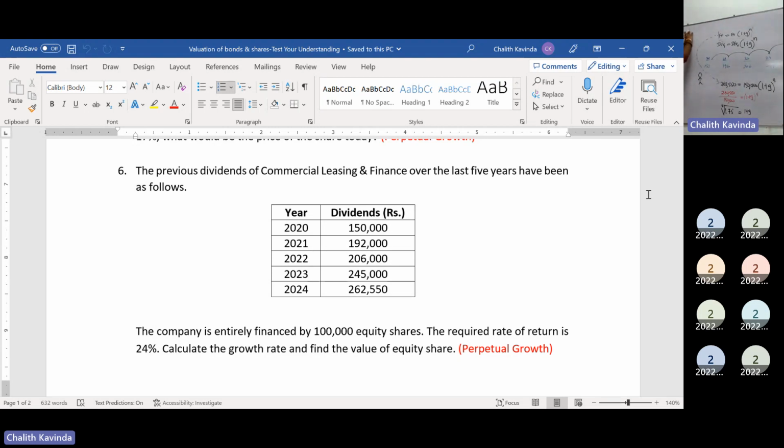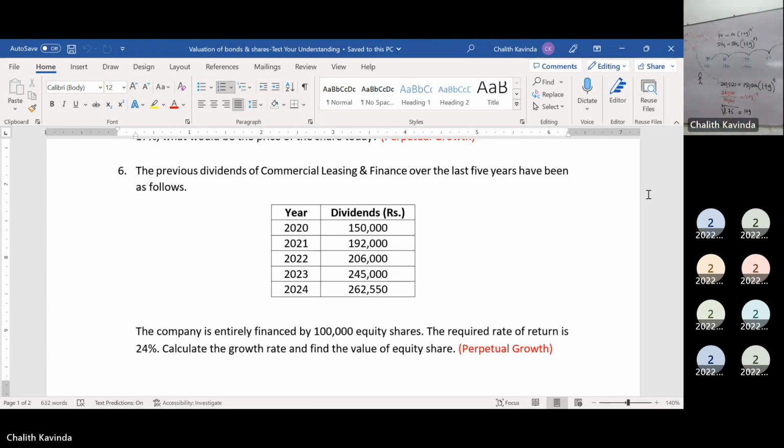Once we sum up this, you are getting this year dividend, and you need to add the growth rate. Then cost of equity or cost of capital minus growth rate. The cost of capital is 24% and the growth rate of the dividend is 15%.